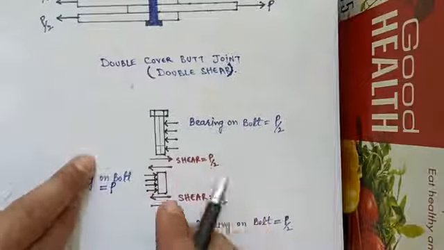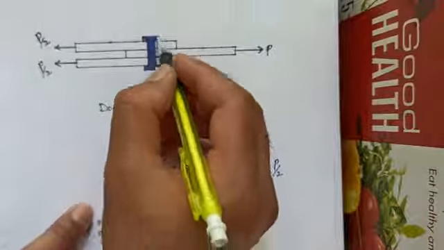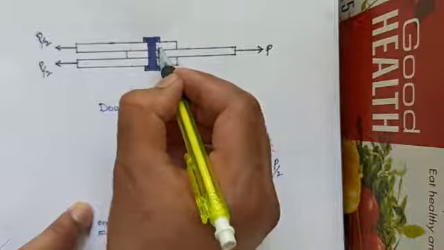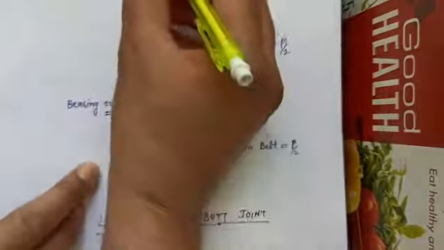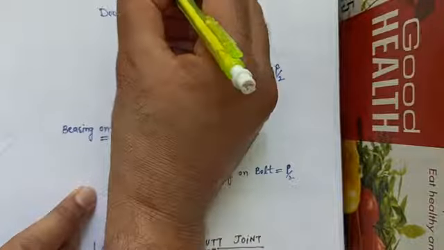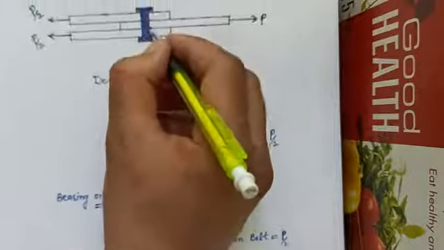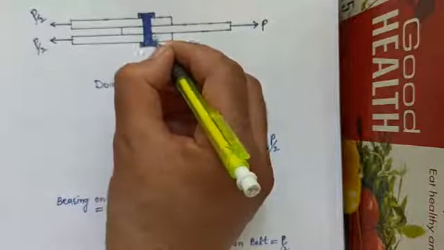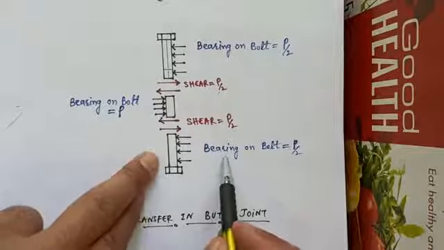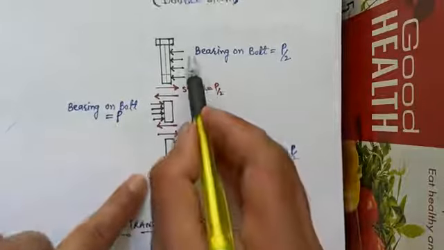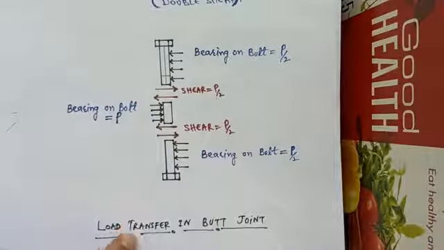So the bearing on the bolt at this location will be P by 2, and the bearing on the lower portion of the bolt will be equal to P by 2. So bearing on the lower portion of the bolt is P by 2 and the bearing on the upper portion of the bolt is P by 2.